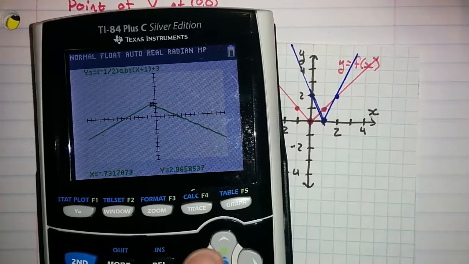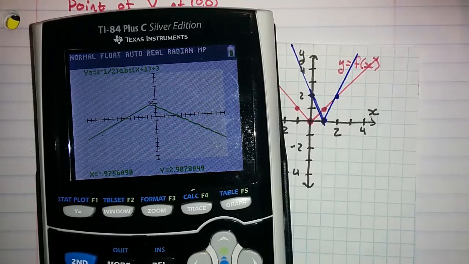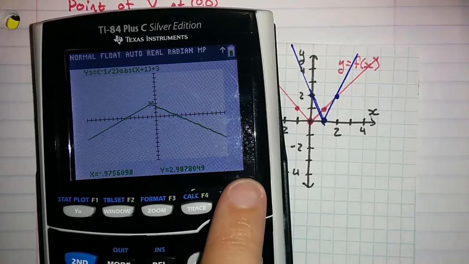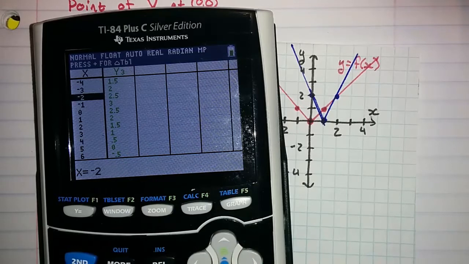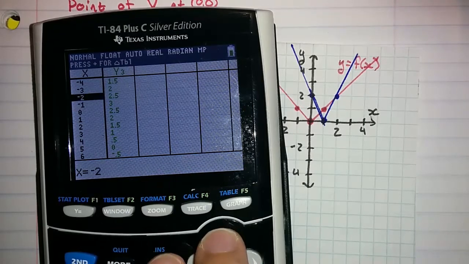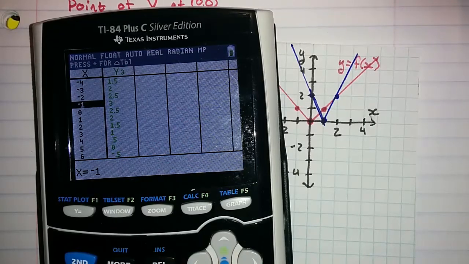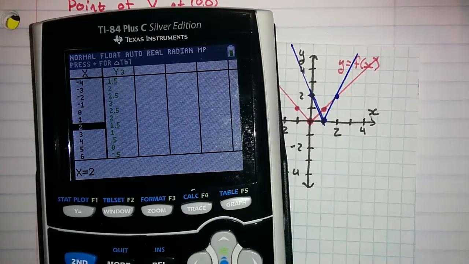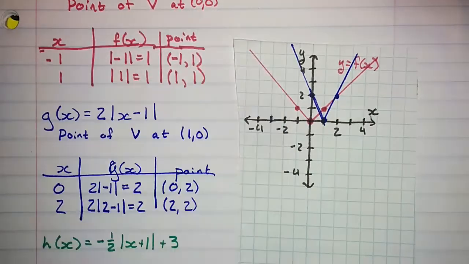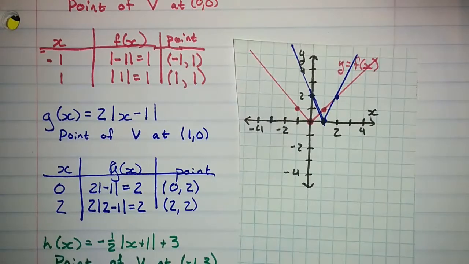Okay, it looks again that where it turns round is somewhere around -1. I'm going to hit second table and look at the table. It really does, doesn't it? It goes up to 3 and then turns around and comes down again. I think that my point is at -1, 3.